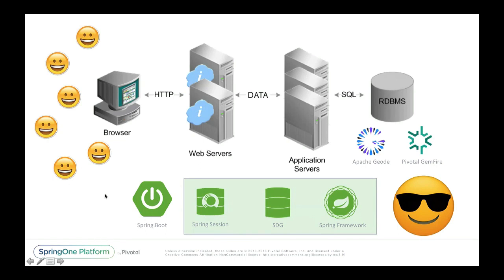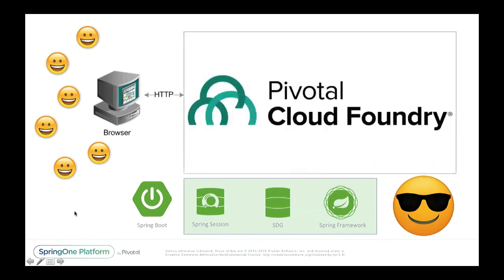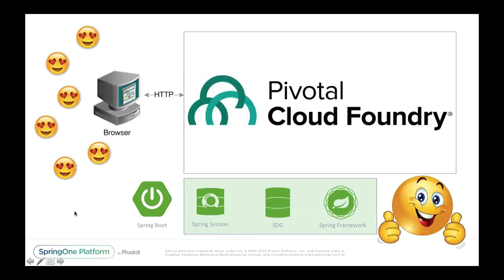However, if you wanted a more automated solution for all that, and you didn't want to have to worry about managing your cluster, especially when the load spikes, then Pivotal Cloud Foundry is your option. And that's the only sales pitch I'll give you in this whole talk, but it really does make working with Apache Geode and Pivotal GemFire much simpler.